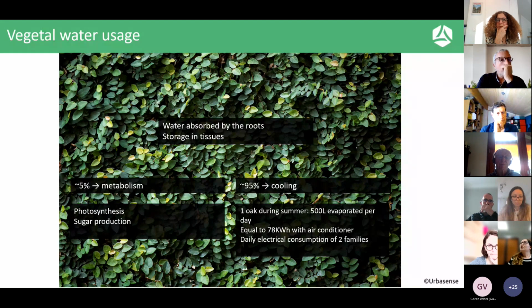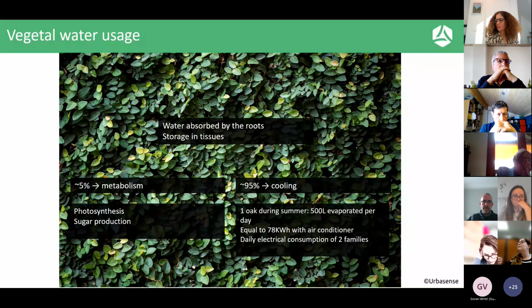So we'll go towards the vegetal use. A tree absorbs water by the roots, and it stores the water in the tissues. 5% of this water is used for metabolism, so it's photosynthesis, sugar production, but 95% of the water is used for cooling. So you have a huge cooling potential from the tree.